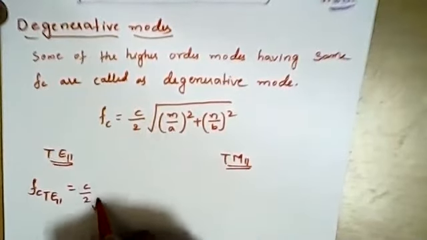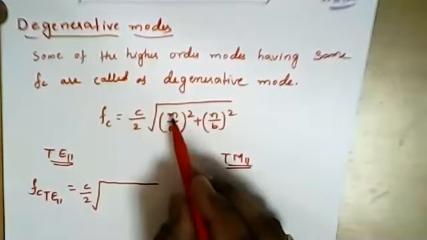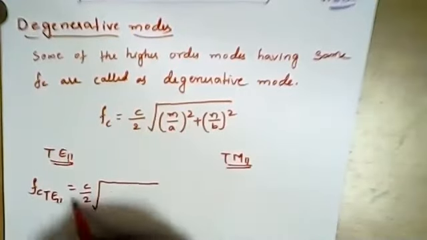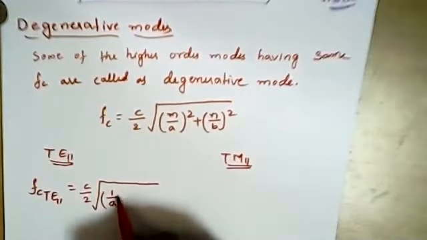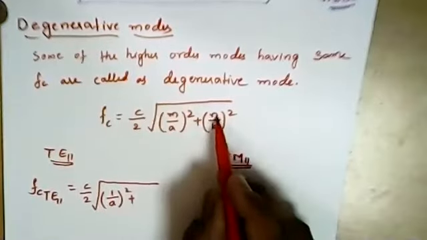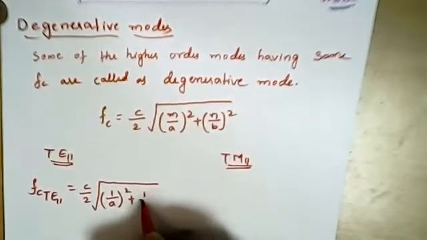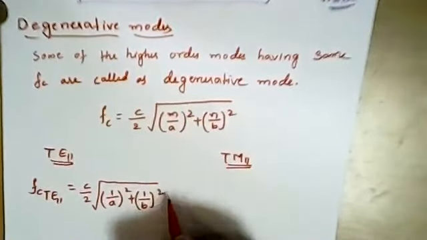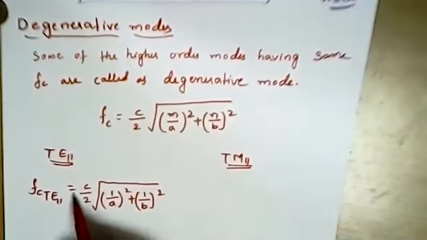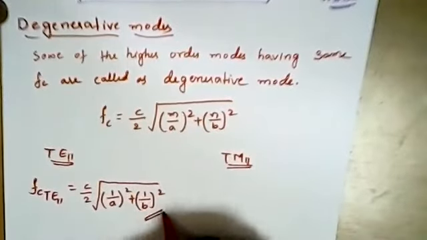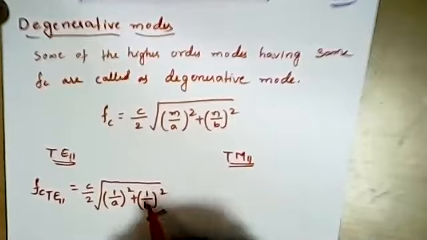Substituting, the cutoff frequency for TE11 can be calculated as C by 2 times the square root of, what is the value of M here? It is 1 by A whole square plus the N value is also 1, so 1 by B whole square. So this is the expression of cutoff frequency for TE11 mode. Now we'll check for TM11.